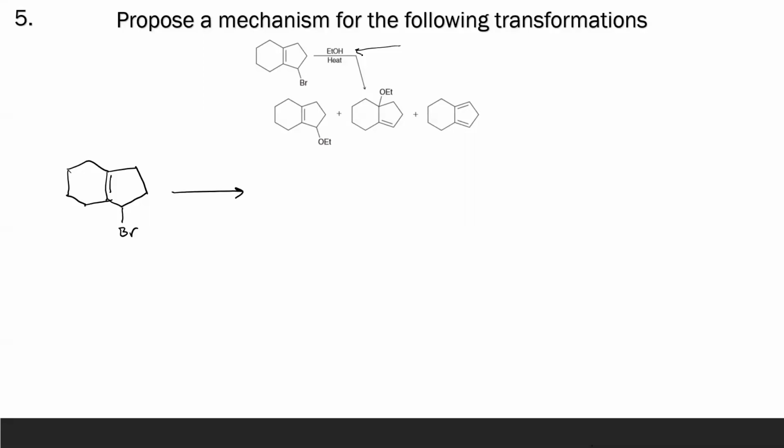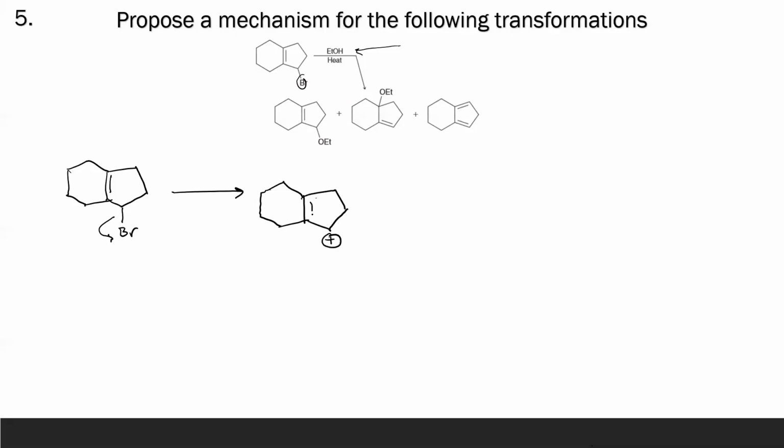But if you look at what you've got here, this should look kind of familiar. Once you form your cation, you'll have an allylic carbocation, which, as you know, is stabilized by resonance.